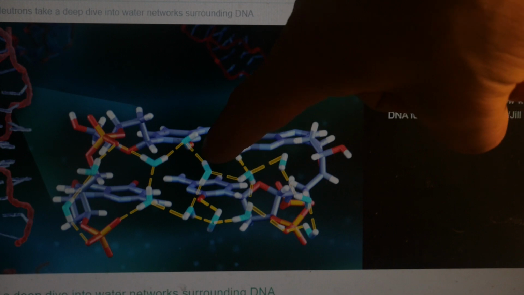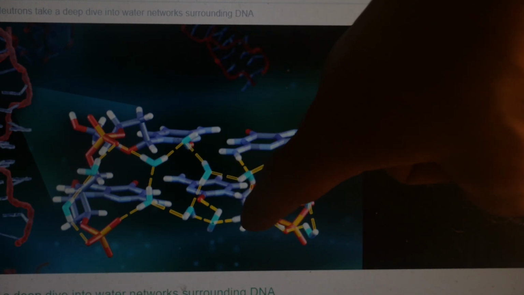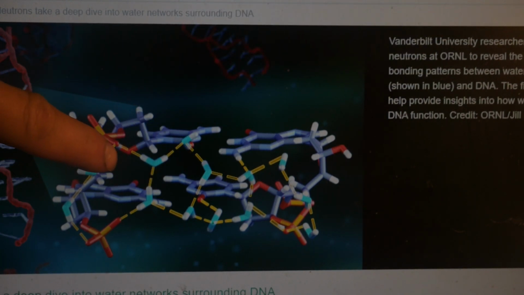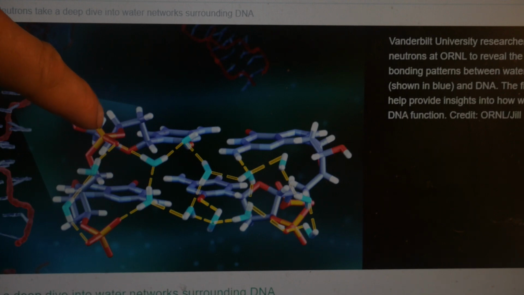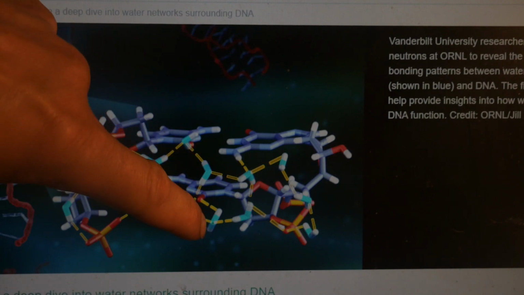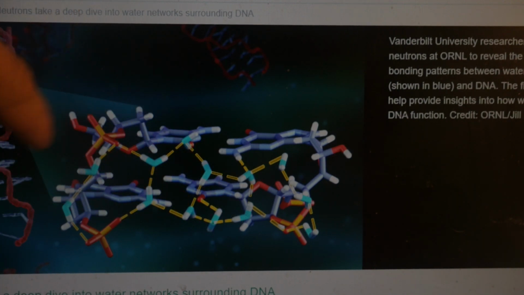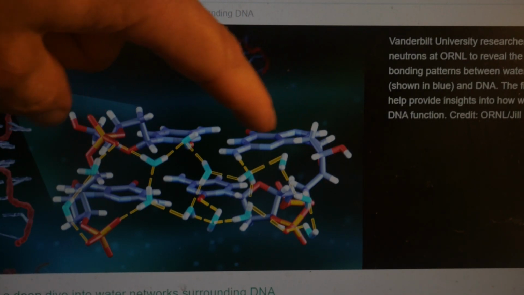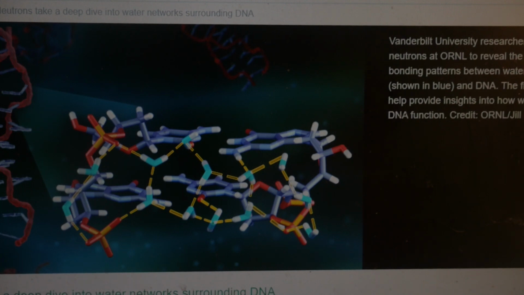A water molecule there, hydrogen bonding to another one, but they also hydrogen bond to the phosphates, the backbone, okay? Here again, a water molecule hydrogen bonding to the backbone, a water molecule hydrogen bonding to the phosphate. Okay, so you can see these blue and white water molecules. So they have a very critical, fundamental role in the structure of DNA and how it works. Okay, and that's the edge of the DNA double helix there.